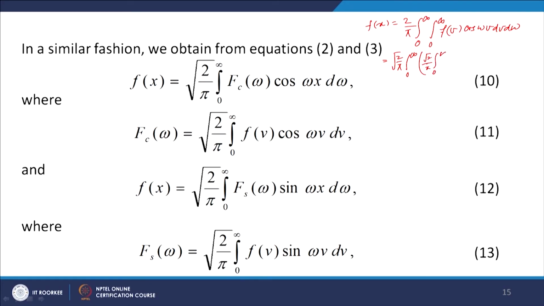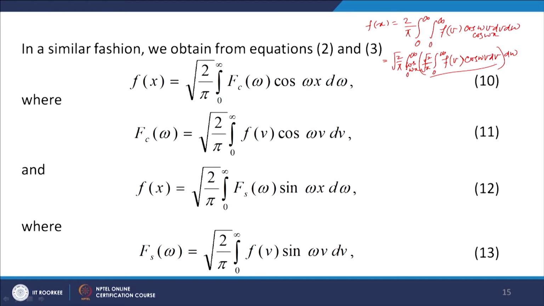Then cos omega b and cos omega x also. So cos omega x will be written here, and we get root 2 over pi integral 0 to infinity f(b) cos omega b.